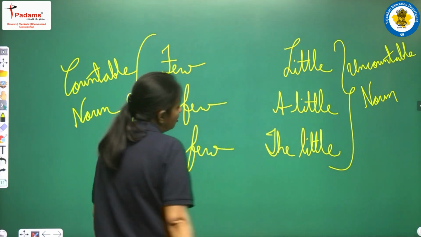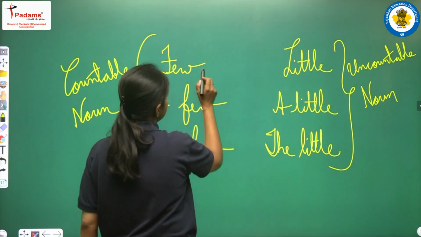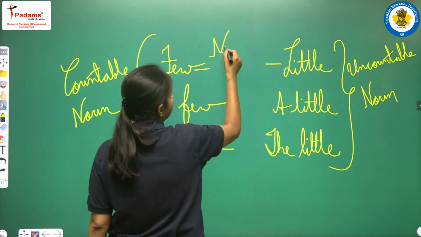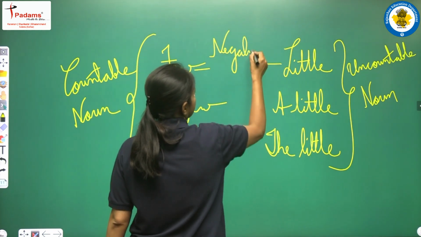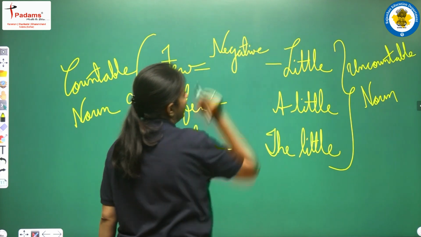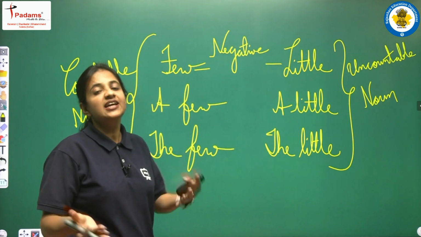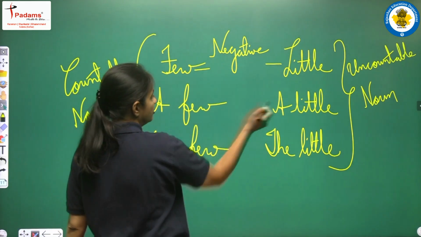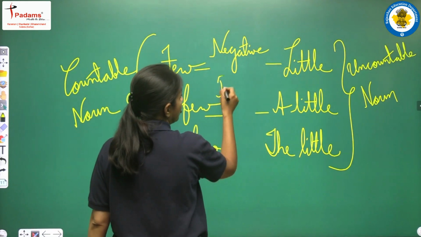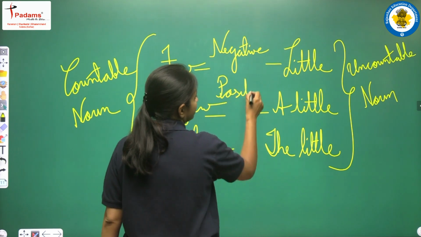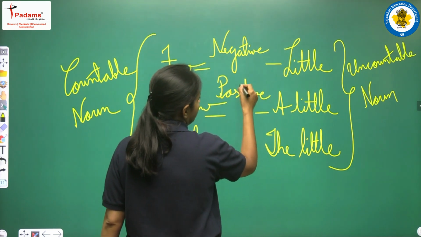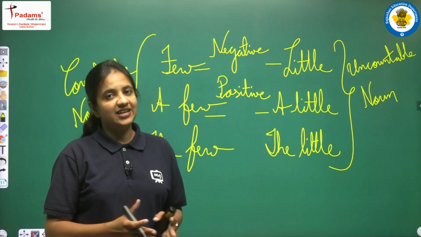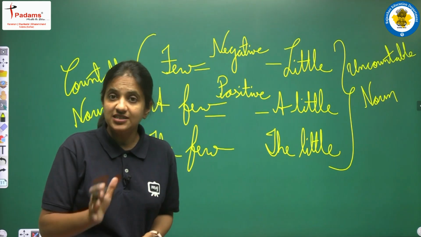Now let's talk about the similarity. Few and little, they both are negative words, and they show a negative thing, or we can say they give negative meaning to the sentence. Now a few and a little, they both are positive words. They show a positive number or positive quantity, and yes, they give positive meaning to the sentence.